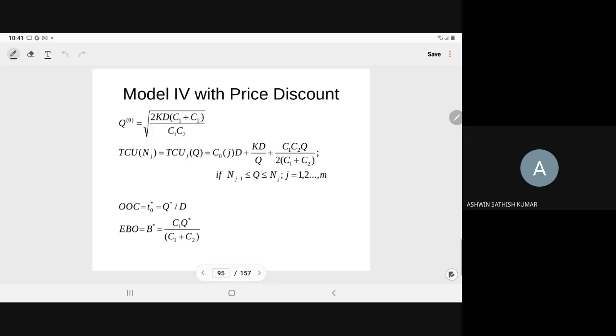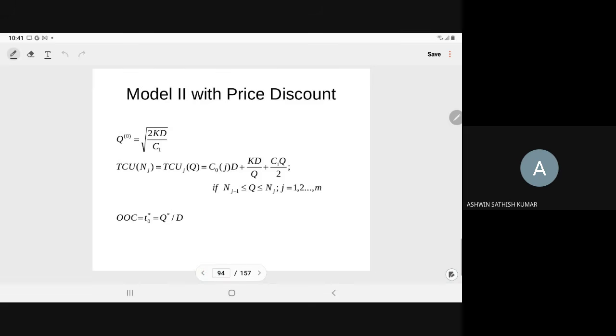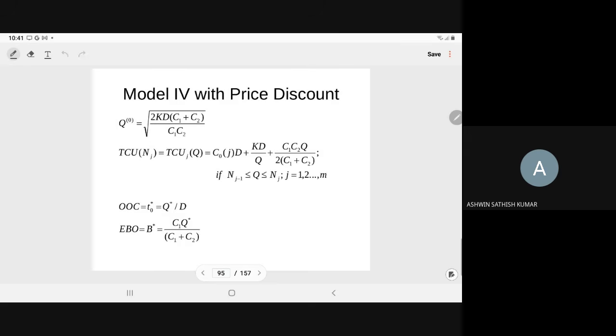Similarly, for the model 2, Q naught is root of 2KD upon C1, no back order and delivery is infinite. And for the model 4, Q naught is the root of 2KD into C1 plus C2 upon C1 C2. Can you show the previous slide once?